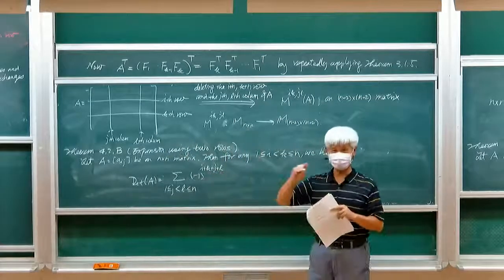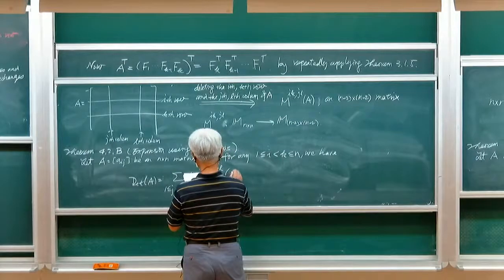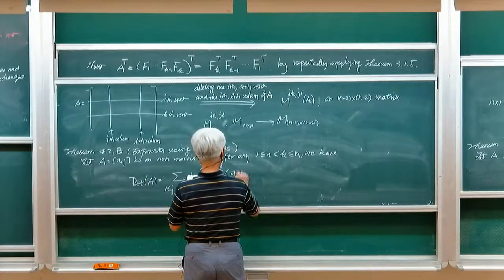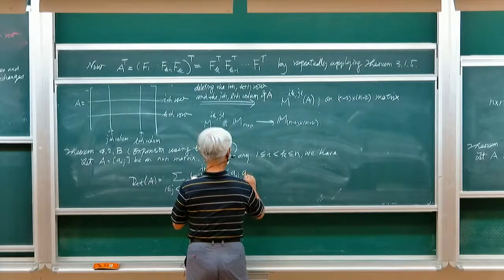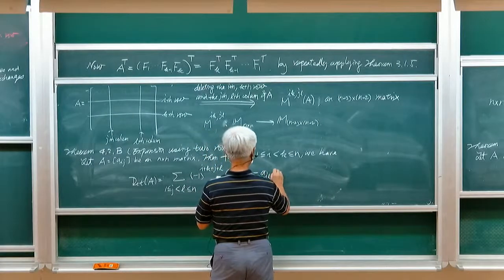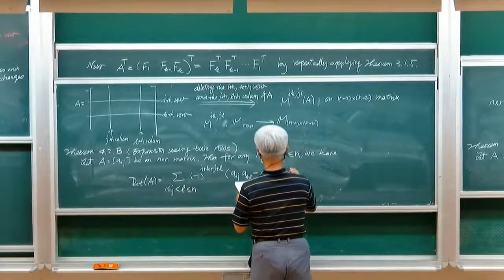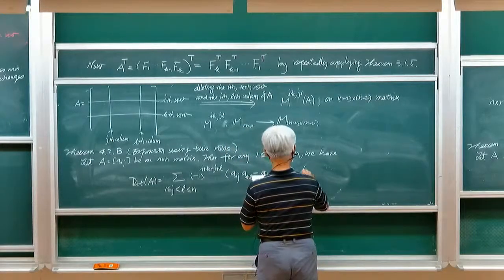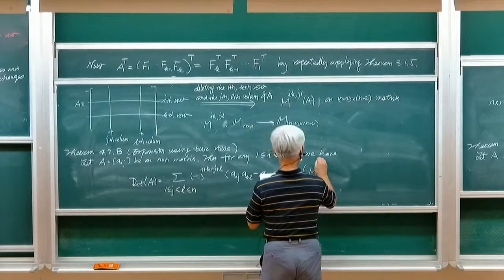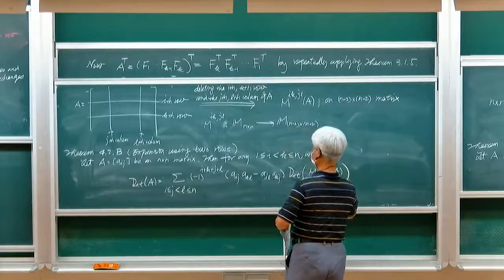So it involves every index, not surprising. But the surprising thing is a_ij a_kl minus a_il a_kj, times the determinant of M_ikjl A.